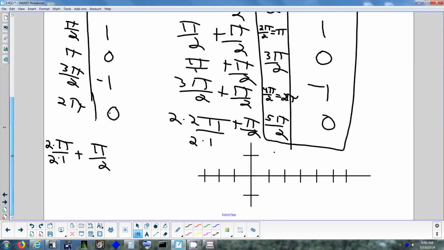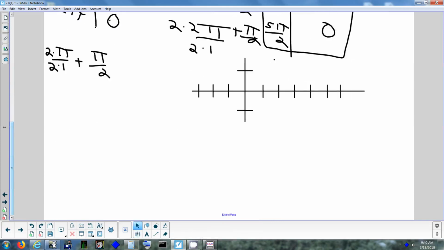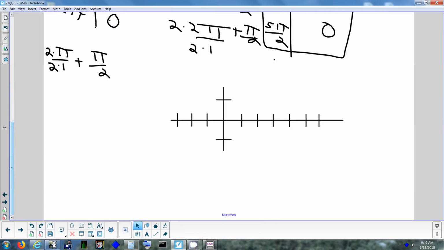Okay, so now we're going to make our graph. When you make a graph, it's important that you space things consistently. If you were numbering this, you can't go like this: 1, 2, 5, 6, 7. It's not spaced evenly. If you're going to go by ones, go by ones.